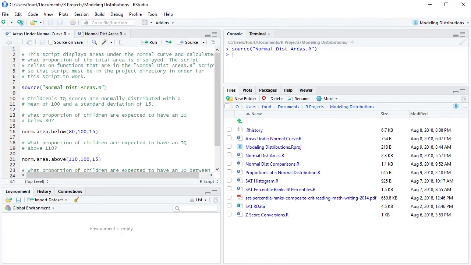Unfortunately, R does not have functions for the kind of graphs that I think would best display proportions of the normal distribution. I envision a picture of the distribution that has a highlighted area corresponding to a score range.